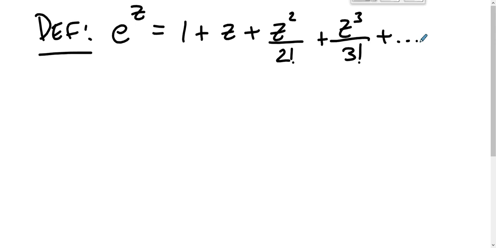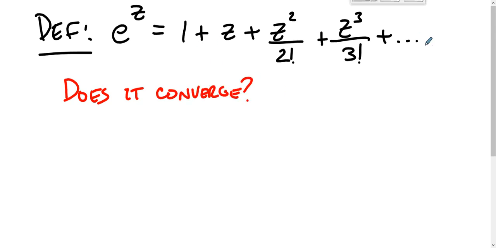So in this case, z is complex. z is 3 or 5 or negative 2 or 4i or 2 plus 3i or negative 5 minus i. Same thing. If we're going to propose this, we have to ask ourselves, does this series converge if z is a complex number?